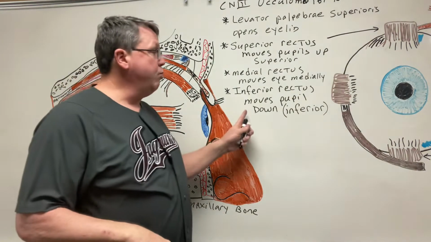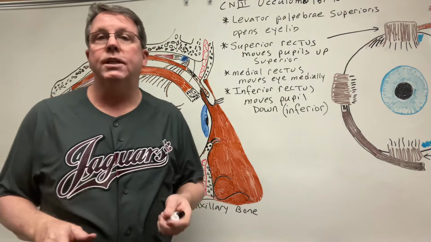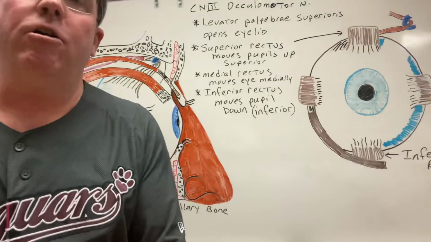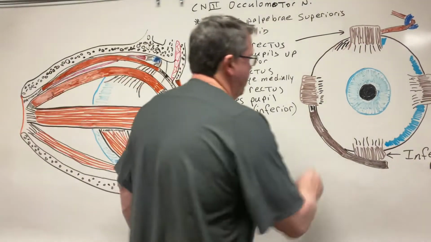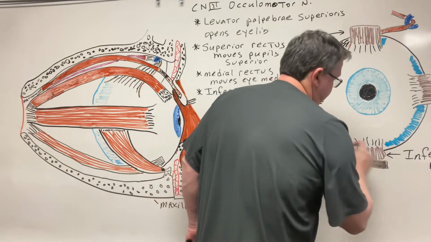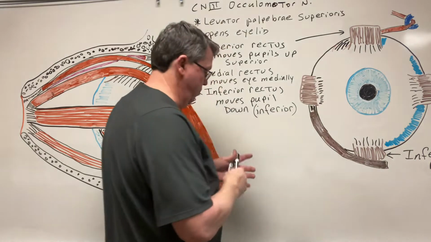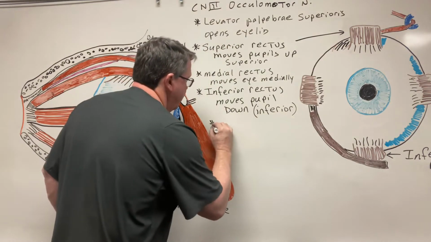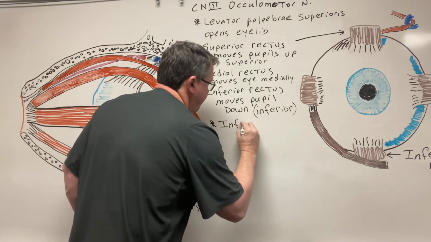So the next one we're going to have is a muscle called the inferior oblique. If you notice here, I have a muscle that comes like this, right? It goes like this, and it's coming at an oblique angle. So this is going to be my inferior oblique.